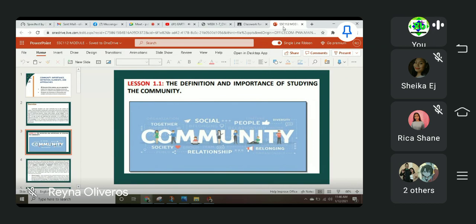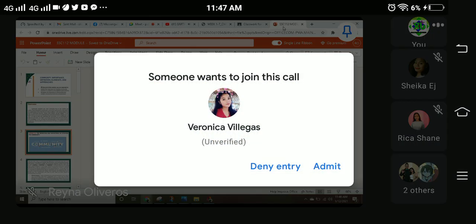Kapag narinig natin yung salitang community, it comes up with different words like together, social, belonging, society, people, relationship. Those are the words that could pertain to a community.